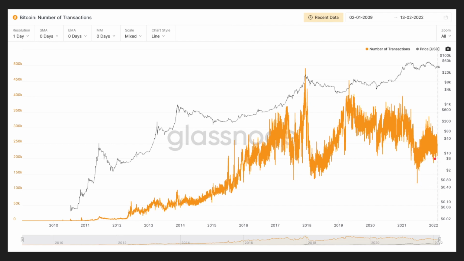So this indicates that fewer people are moving their Bitcoin in general, and since price is going up, it suggests, and goes along with the theory, that there's a greater sense of people buying Bitcoin specifically to hold, not necessarily as a means of exchange, right?